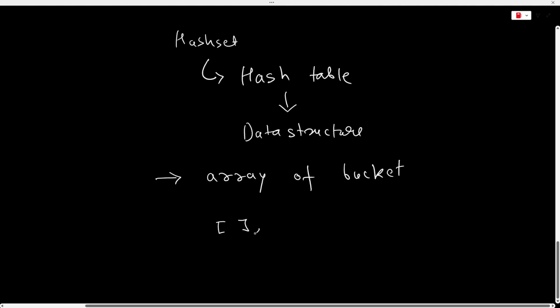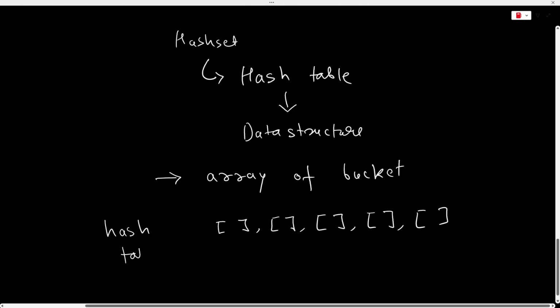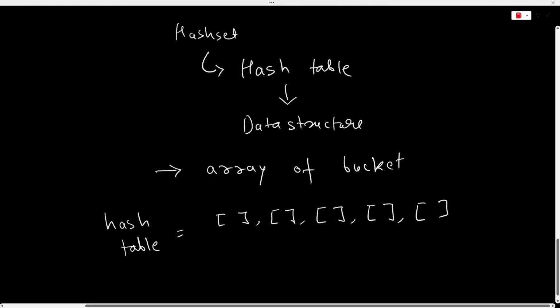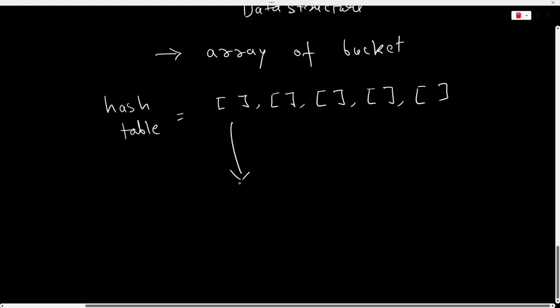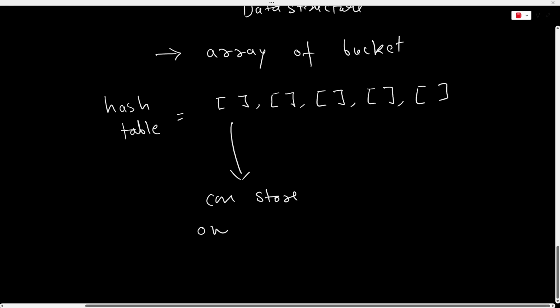So imagine this is a bucket, and this array of buckets is your hash table. And a bucket can store one or multiple keys or key value pairs.